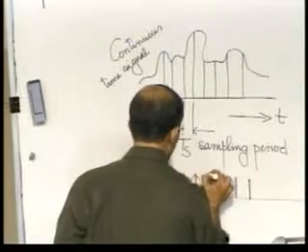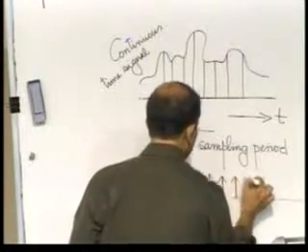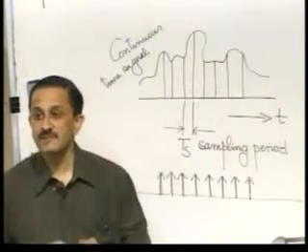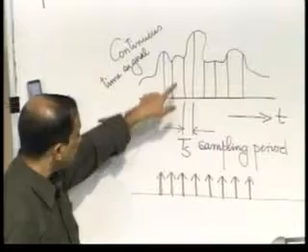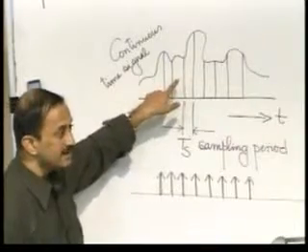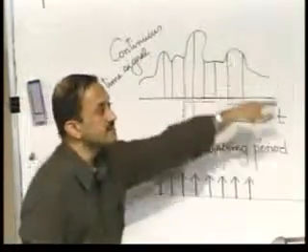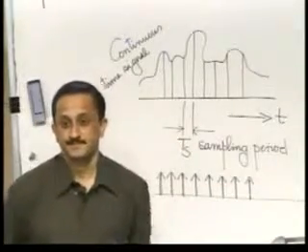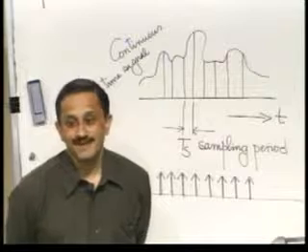The strengths of all these impulses are the same. And what we are doing in the process of sampling is to multiply this continuous signal with a train of impulses.